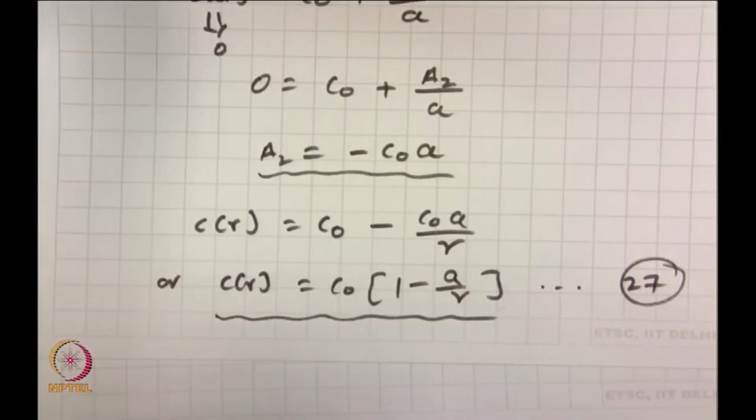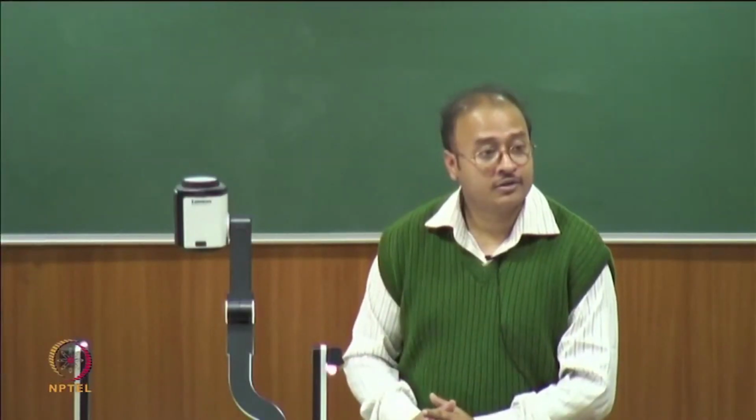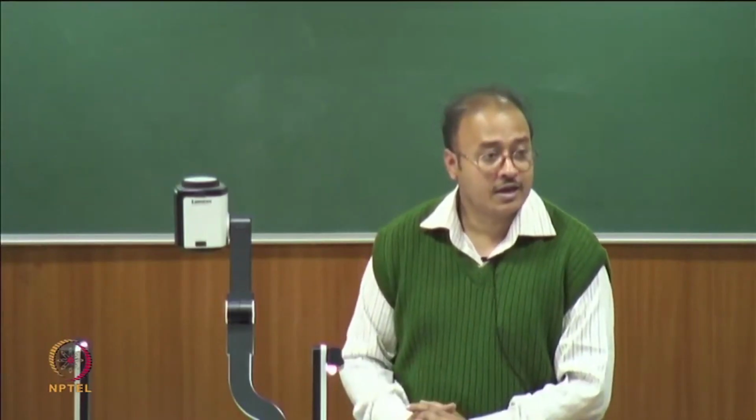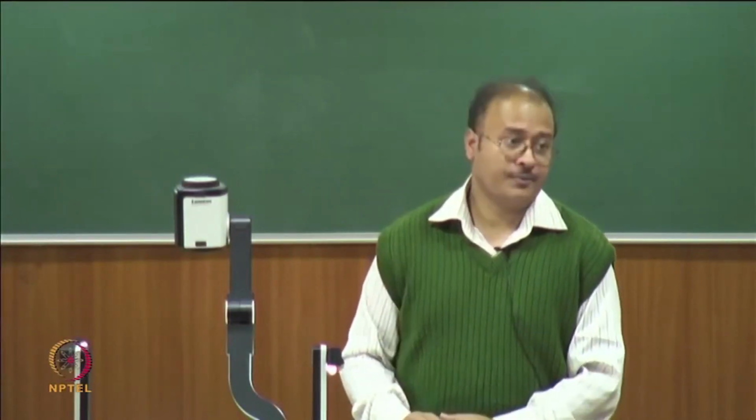Okay. So, you now have a relation between C of r, C naught, A, which is the radius of the bigger sphere, and r.